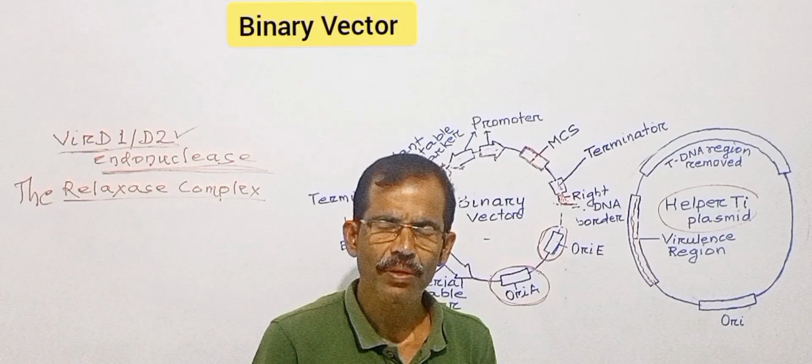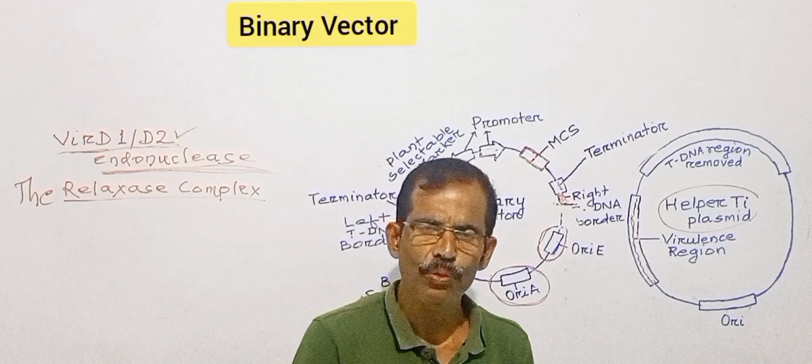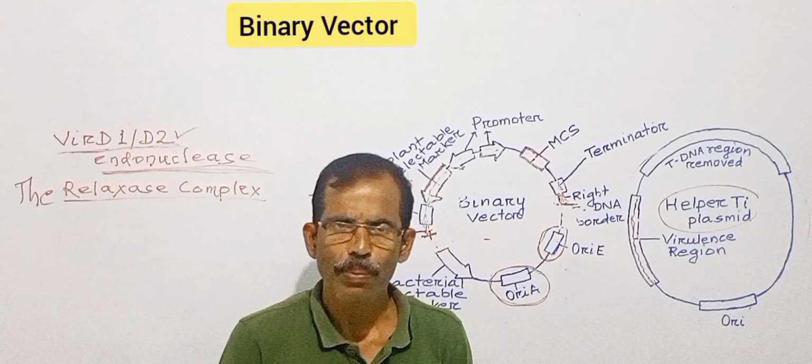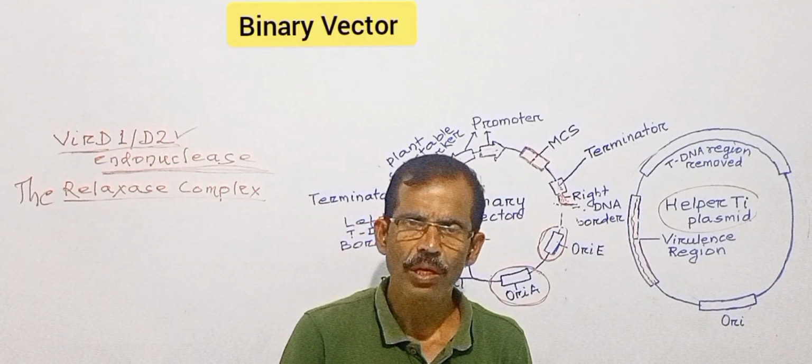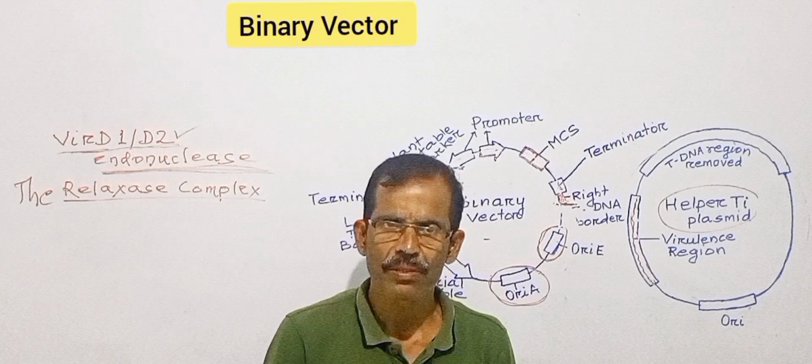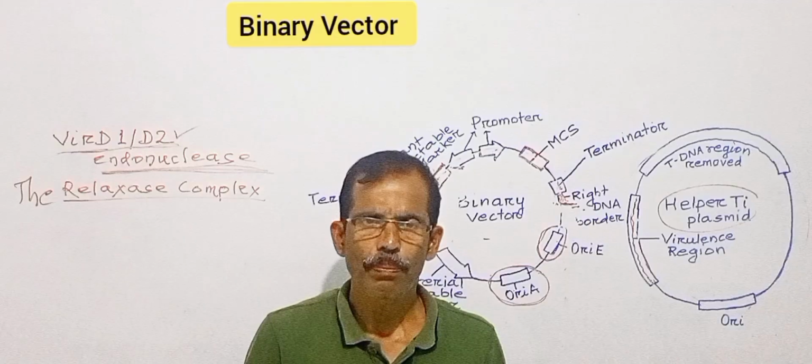After transfer, the T-strand is incorporated into the plant nucleus and then integrated into the plant genome, usually at random locations by illegitimate recombination. As a result, the plant becomes genetically modified.